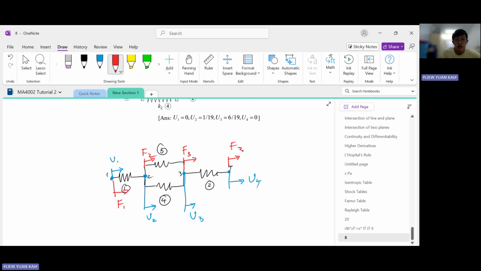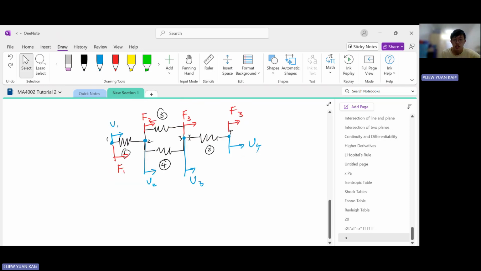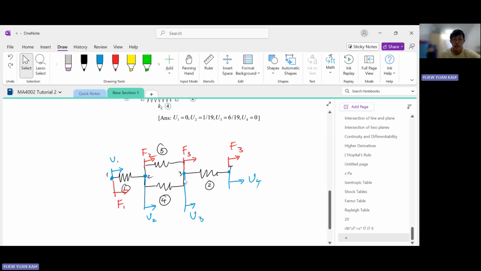The arrow that I drew will assign you the sign convention. The arrow means the positive direction. That means rightward displacements are positive, and also rightward forces are positive. The arrow here shows the positive direction of the forces. So that means I arbitrarily assigned rightwards as positive for both forces and displacements. This is arbitrary, meaning it's a choice that you make.